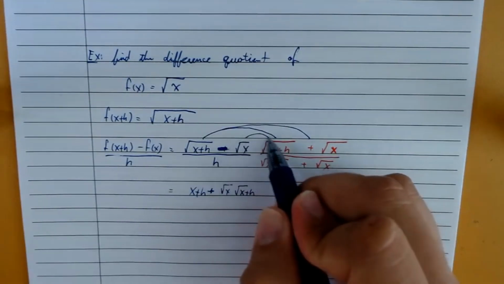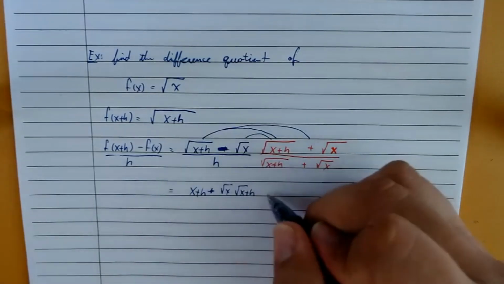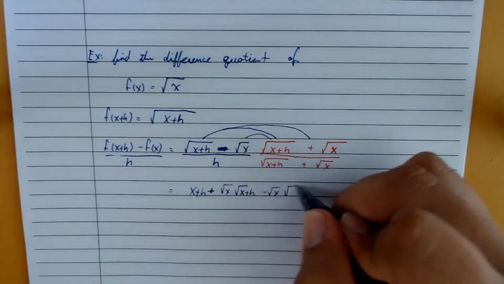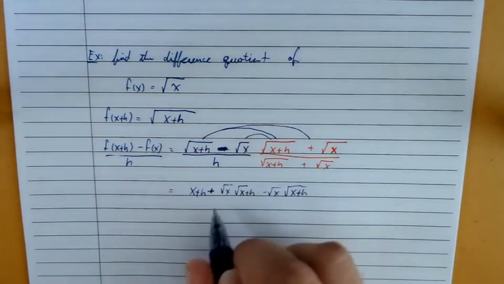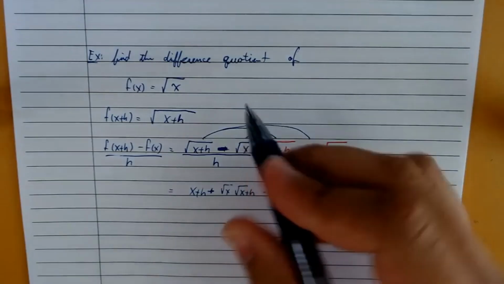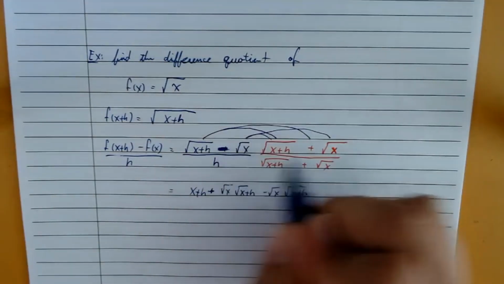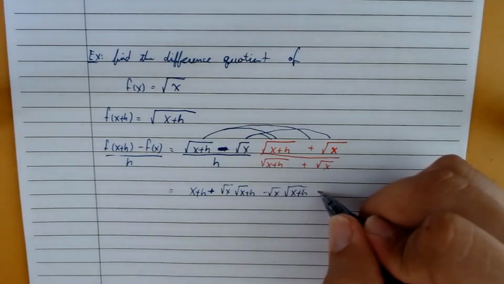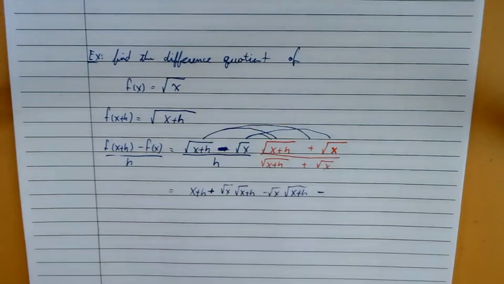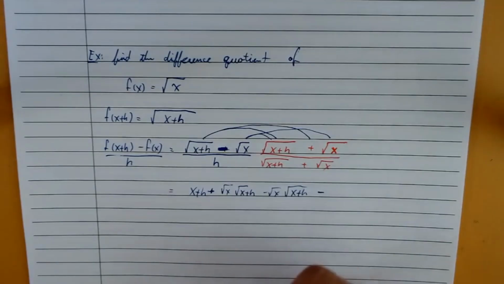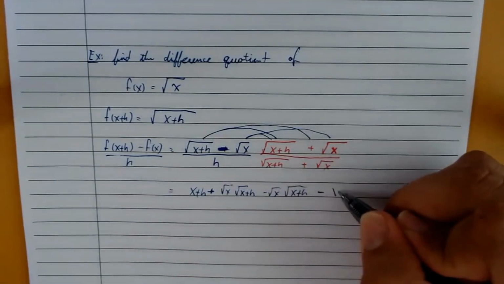Now, if you multiply these together, that's a negative root x times root x plus h. So you'll see those subtract away. And finally, when you multiply these two together, a negative times a positive is a negative. And then root x times root x is root x squared. And the square will get rid of the root, leaving you just an x.